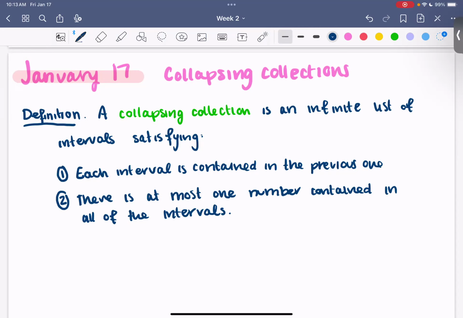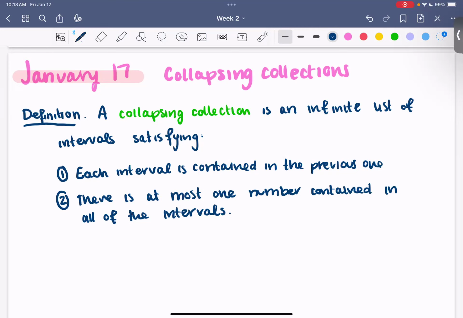Okay, so what are the possibilities here? If you have a list of intervals where each interval is contained in the previous one, the intervals could be shrinking towards one of the endpoints. In that case, there's no number contained in every interval, because you can always shrink the right endpoint far enough that you're missing the point you thought of. The other possibility is that they're shrinking simultaneously around one point.